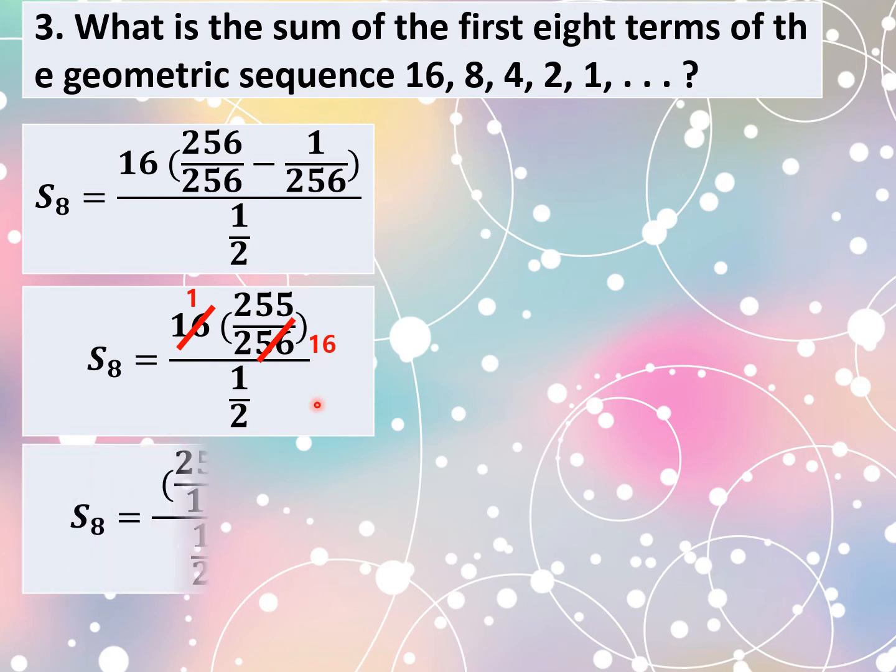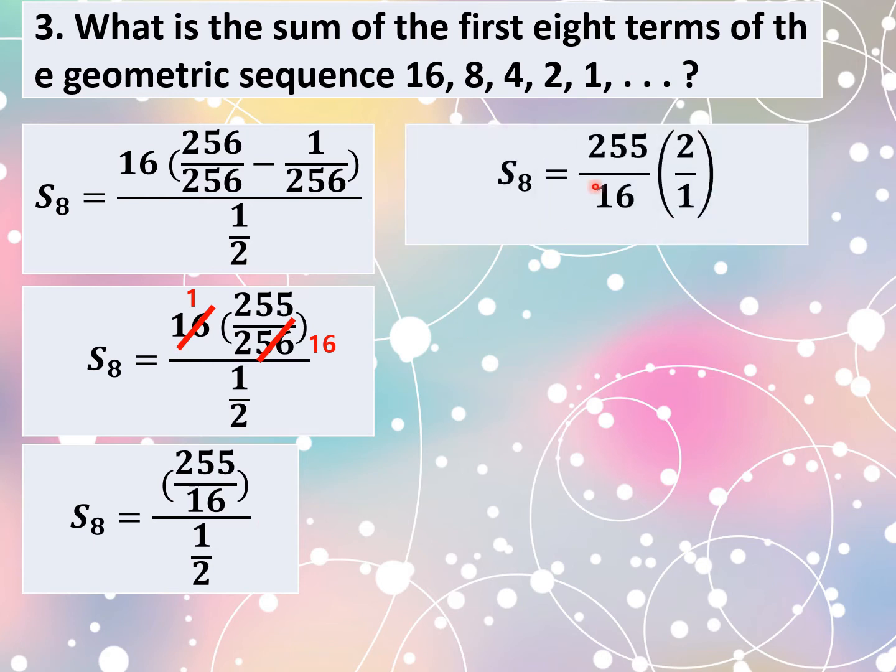So, magiging 255 over 16 all over 1/2. And then, dito, pwede na tayo mag-divide ng fraction. So, 255 over 16 divided by 1/2, magiging 255 over 16 times 2 over 1. Kasi i-reciprocal natin yung divisor kapag ka-fraction.